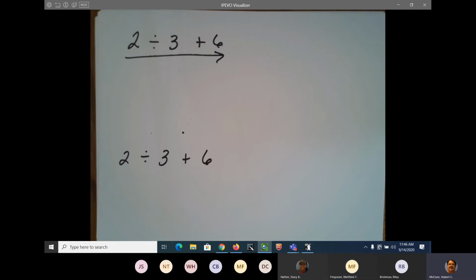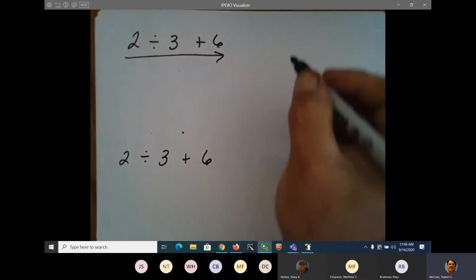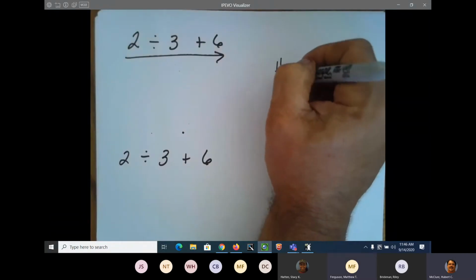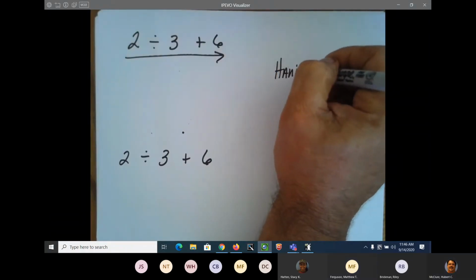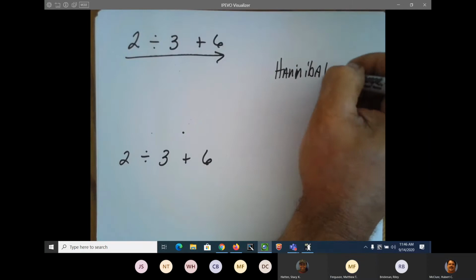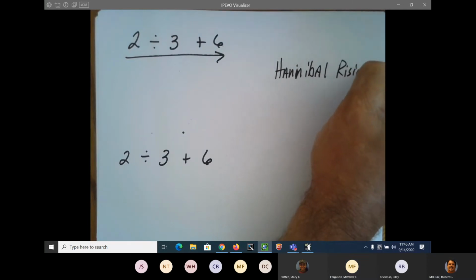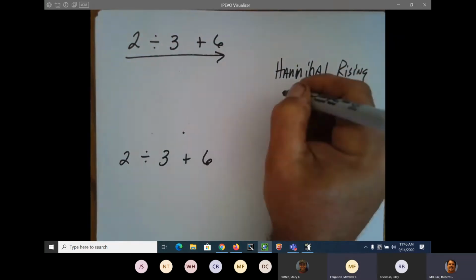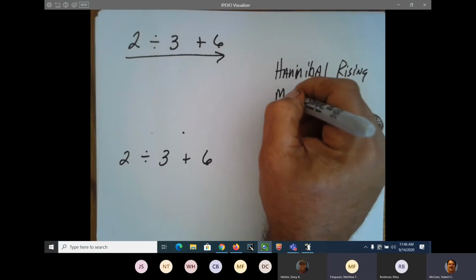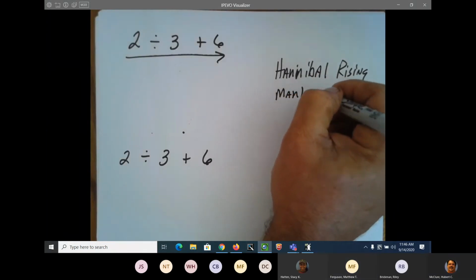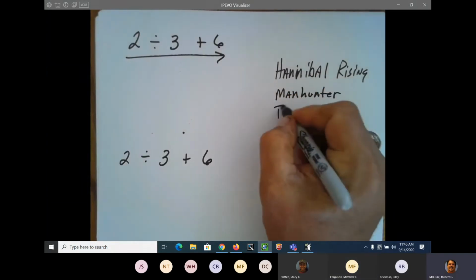And if I watched them in order, I would watch them in the order of Hannibal Rising, and then Manhunter, and Red Dragon.